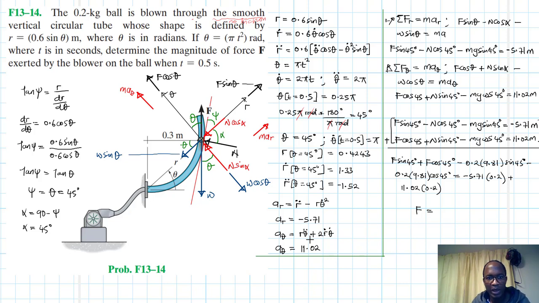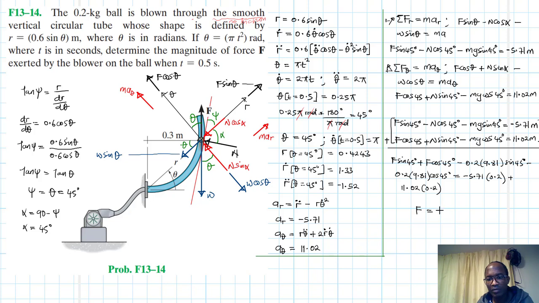So making F subject of the formula, we want to find F, right? Determine the magnitude of F. So let's work out this. So we have 0.2 by 9.81 sine 45. Since sine 45 and cos 45 are the same, you can multiply by 2, take it outside, positive, then minus 5.71 by 0.2 plus 11.02 by 0.2, and then divided by just 2 sine 45.